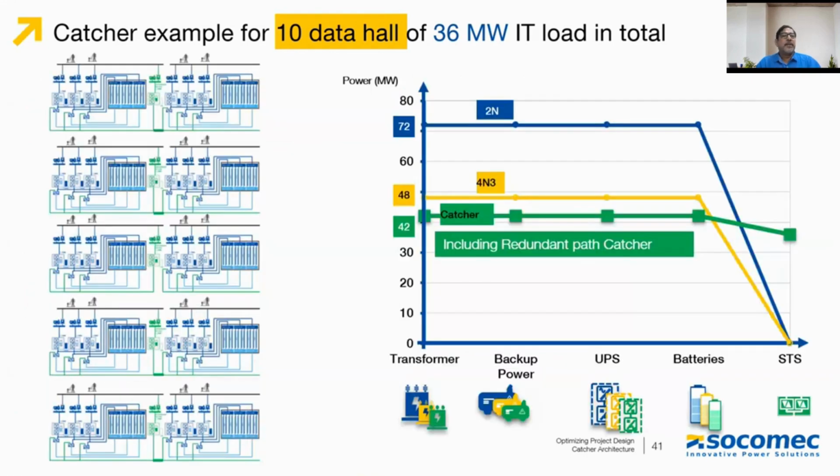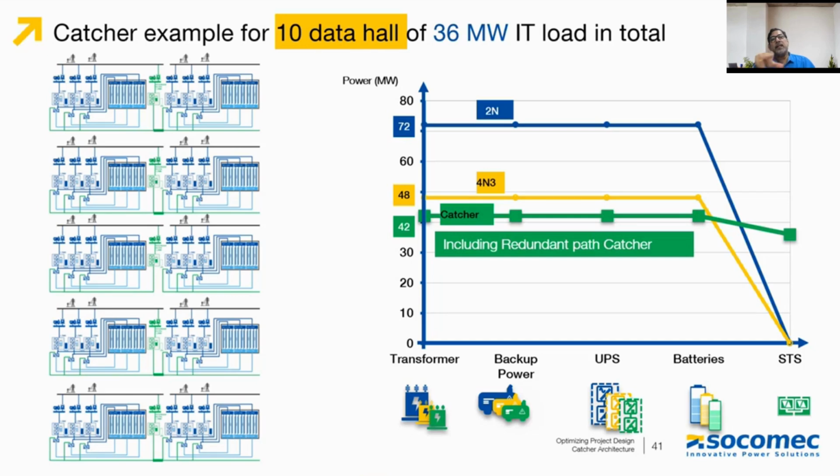So when you do this architecture for 10 data halls, you can see in the graphical representation what we saw earlier with a single block and a single catcher, that particular concern for capex. Here, when you consider this model for a data hall having a single catcher for two blocks, you can further optimize the installed capacity from 48, which is there in the 4 and 3 combination, to 42 megawatt.